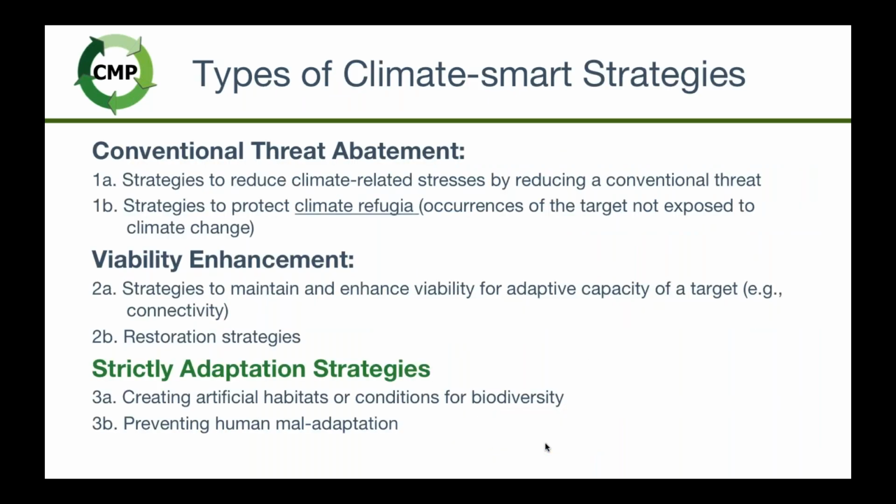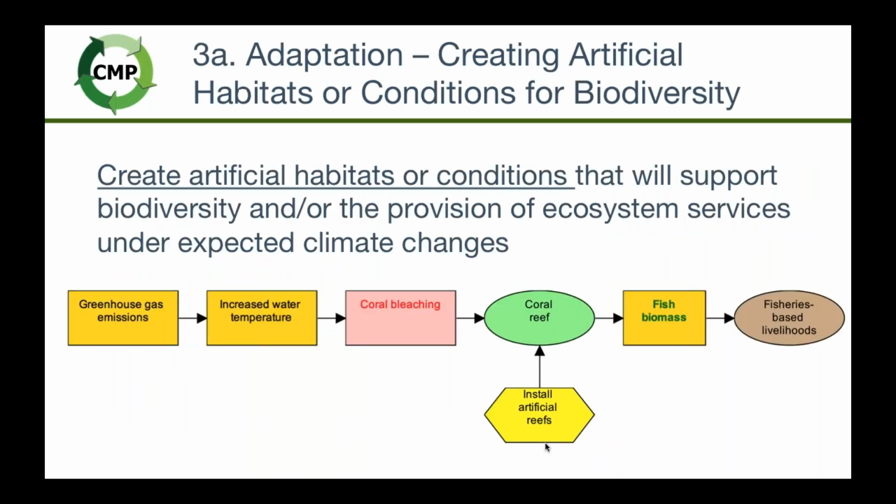Okay, so our final category of strictly adaptation strategies and our two subcategories. So creating artificial habitats or conditions for biodiversity. The idea here is to create artificial habitats or conditions that will support biodiversity and or the provision of ecosystem services under expected climate change.